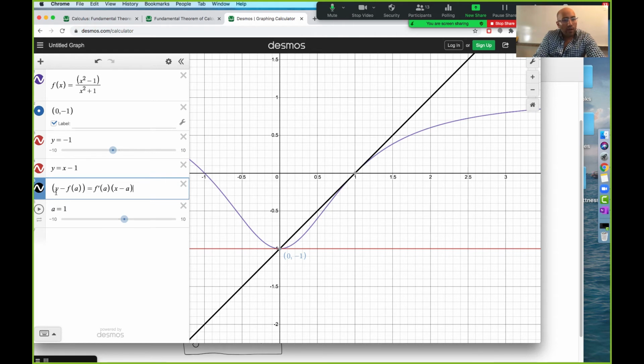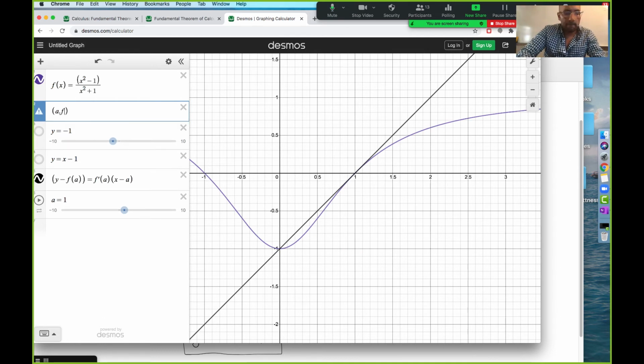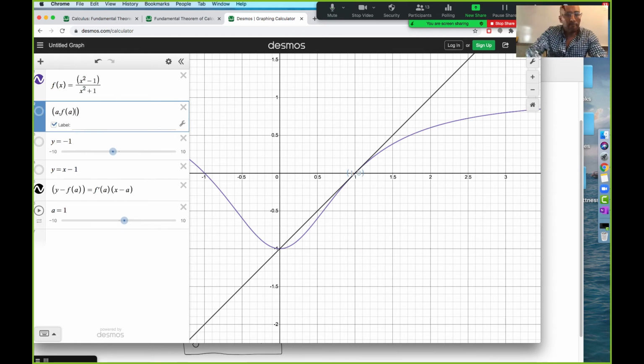This is y minus y given, right? And this is for any random point. Let me get rid of this and that. Oh, in fact, let's label a comma f of a. There we go. Okay, let's get rid of this thing for a second.